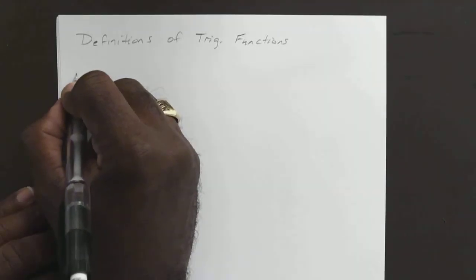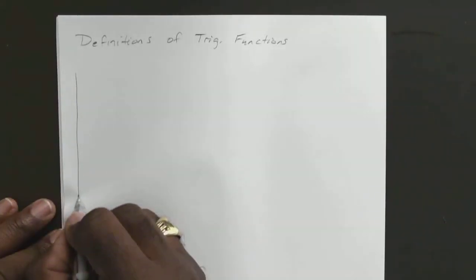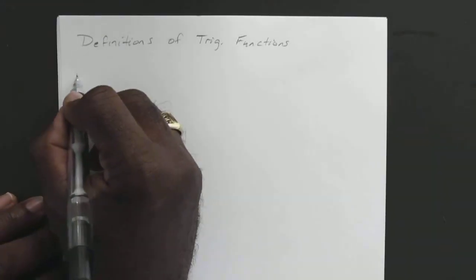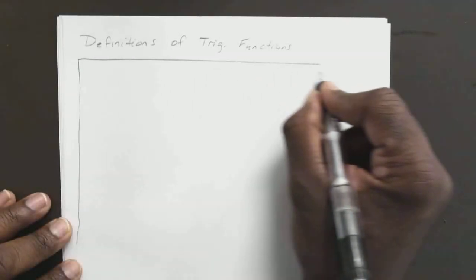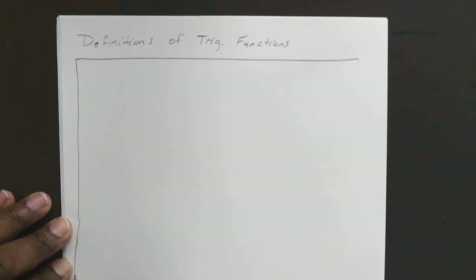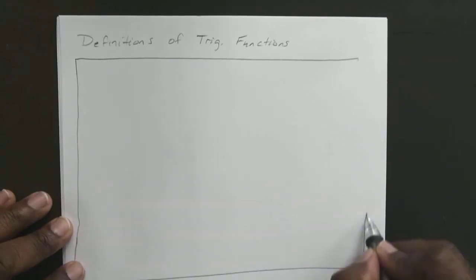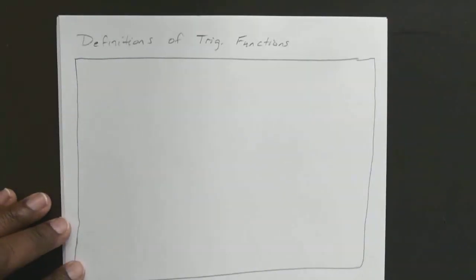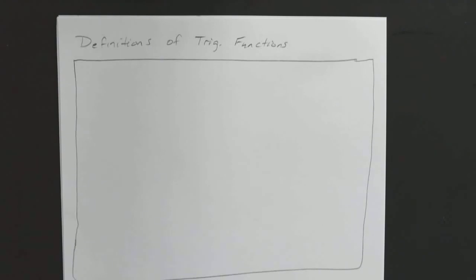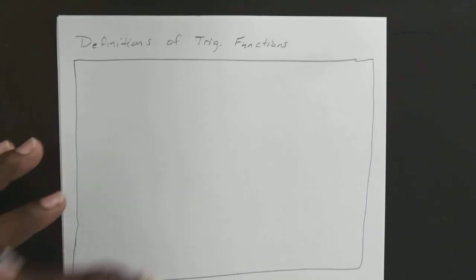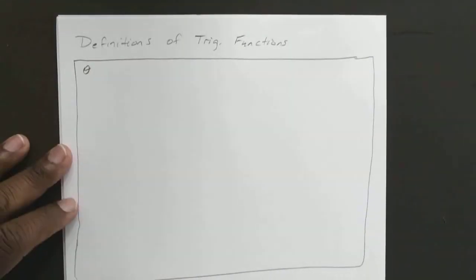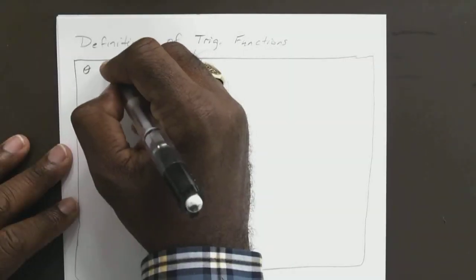Okay, so let's say we have our, draw that because we're going to create kind of our graph, not graph, but our chart of all of the values. Okay, so this is our theta.